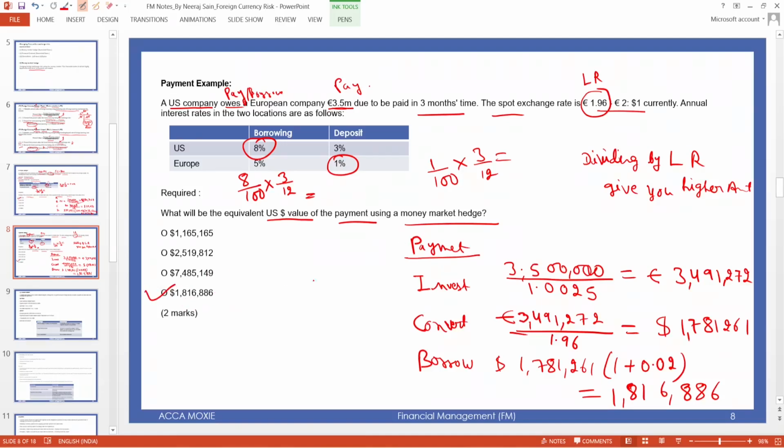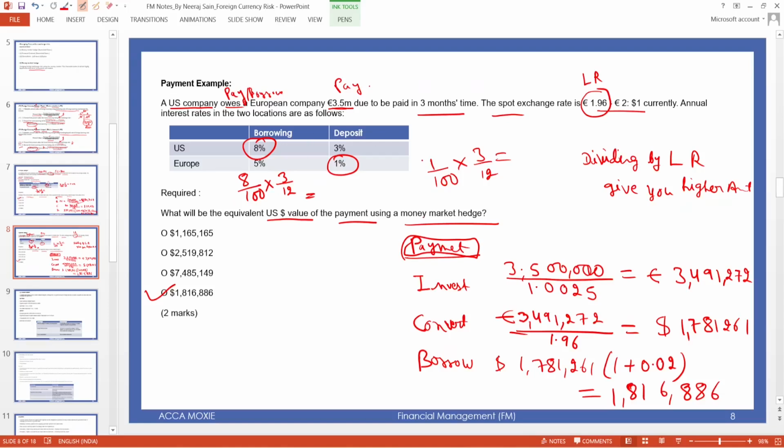I hope everyone can understand this. You just need to remember whether you are receiving or paying. If you are receiving, first borrow, then convert, then invest. If you are paying, first invest, then convert, then borrow.